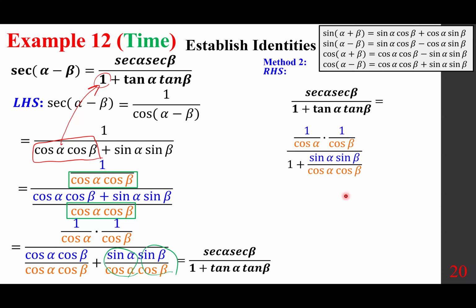You're dealing with a complex fraction, everybody. In order to make it into a simple fraction, you're going to multiply by the LCD, and notice this has cosine alpha, cosine beta. This has cosine alpha, cosine beta also, and therefore the LCD is cosine alpha, cosine beta. So you're going to multiply everything, the top and the bottom, by cosine alpha, cosine beta.